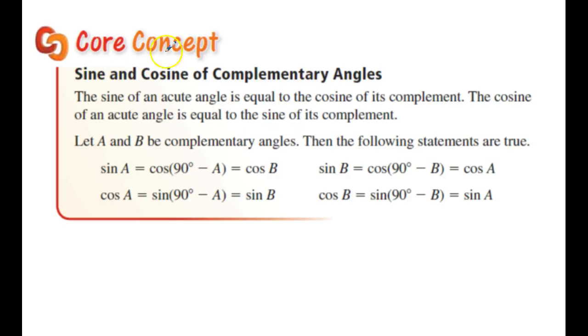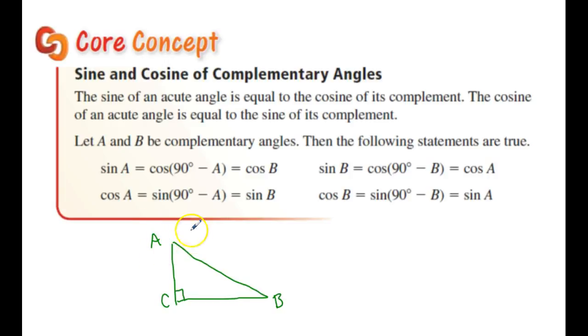So here's what this is talking about in our core concept, the sine and cosine of our complementary angles. A and B are my complementary angles, and I know that because I'm dealing again with my right triangle. So I've got my A, my C, and my B. And we generally think of C as being the right angle. So I know that the sine of A is equal to the cosine of 90 degrees minus A, which is equal to the cosine of B, which we showed in that last slide.